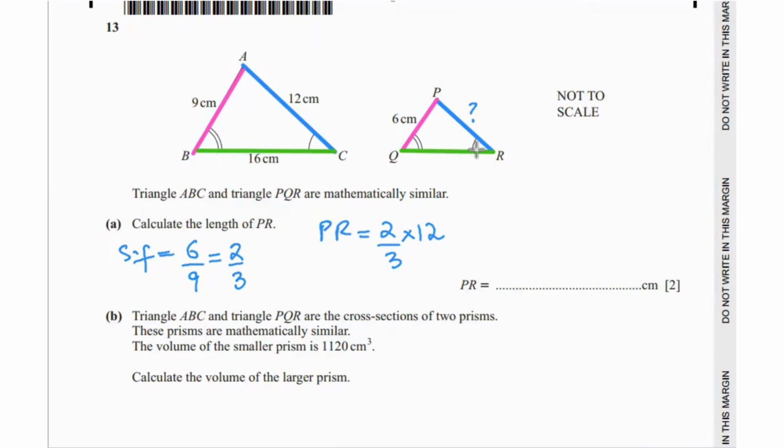Over here, if you go from ABC to PQR, the size is becoming smaller. So the scale factor used over here is 2 over 3. So 2 over 3 times 12 will give us the length of PR, which is going to be 8 centimeters. So that's how you find lengths in similar shapes.